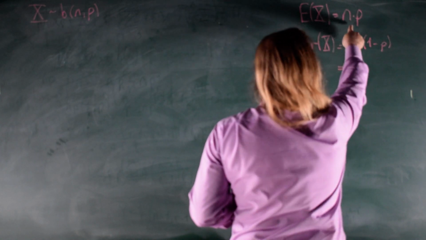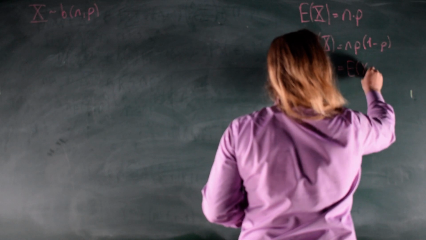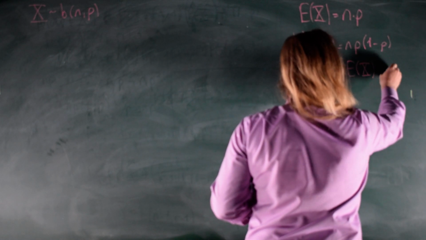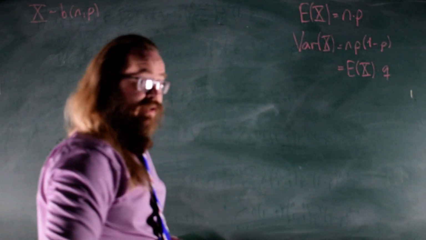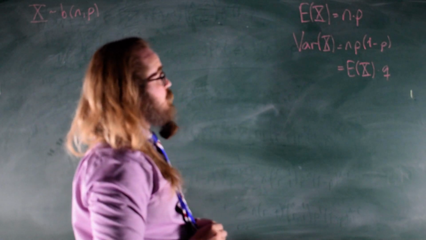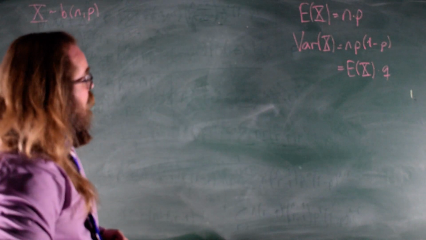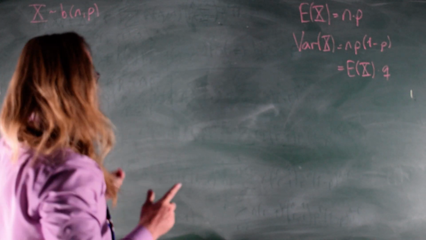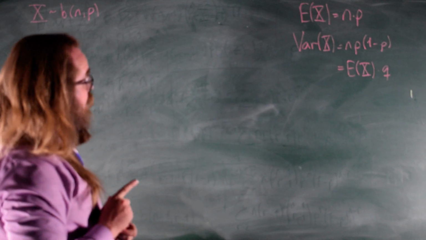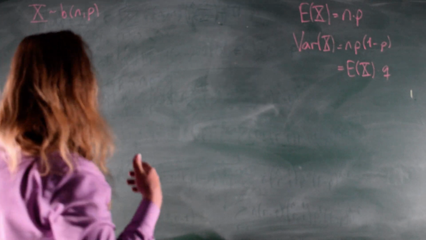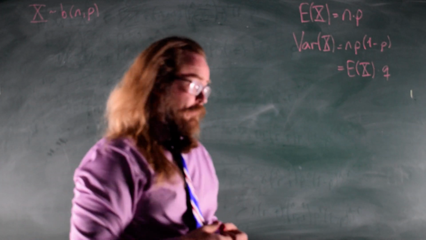Since n times p is the expected value, and q we can write as the probability of failure, which is 1 minus p, which is 1 minus the probability of success.